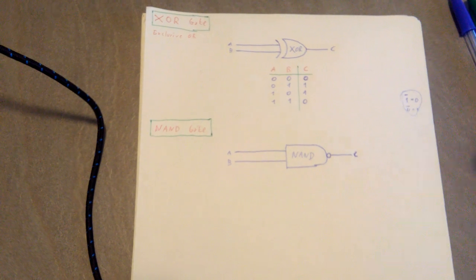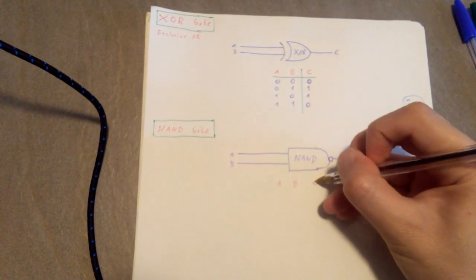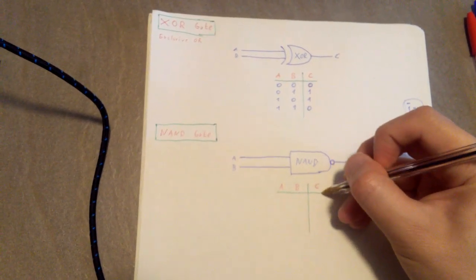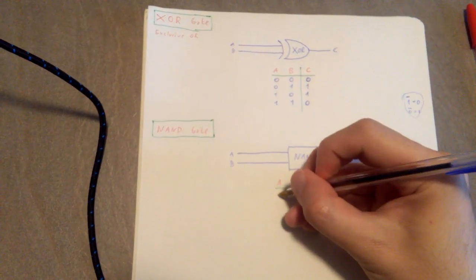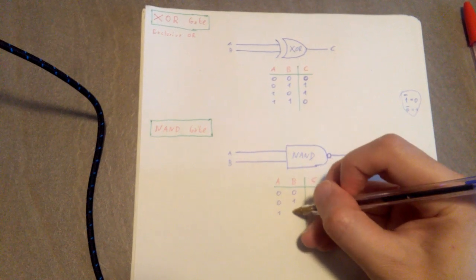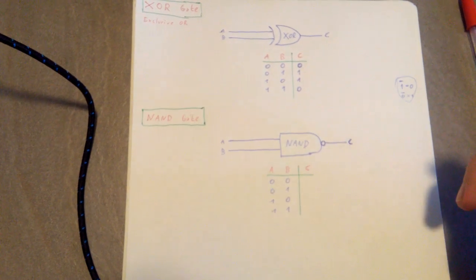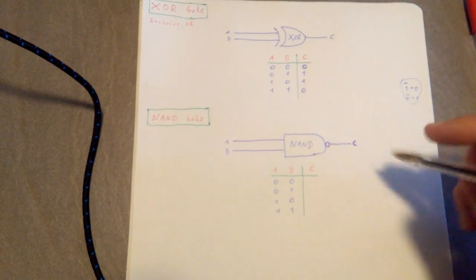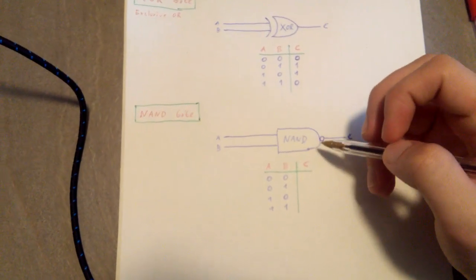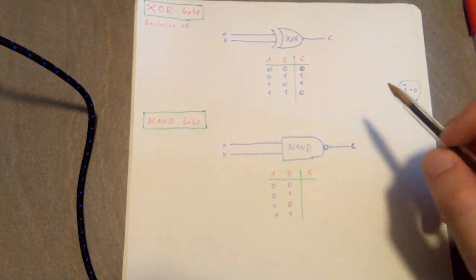So if I write the truth table for this one as well, we're going to have A, B, and C. Again, 0, 0, 0, 1, 1, 0, 1, 1. Well, it's easier to think about what will happen if we have an AND gate and then we invert the output.